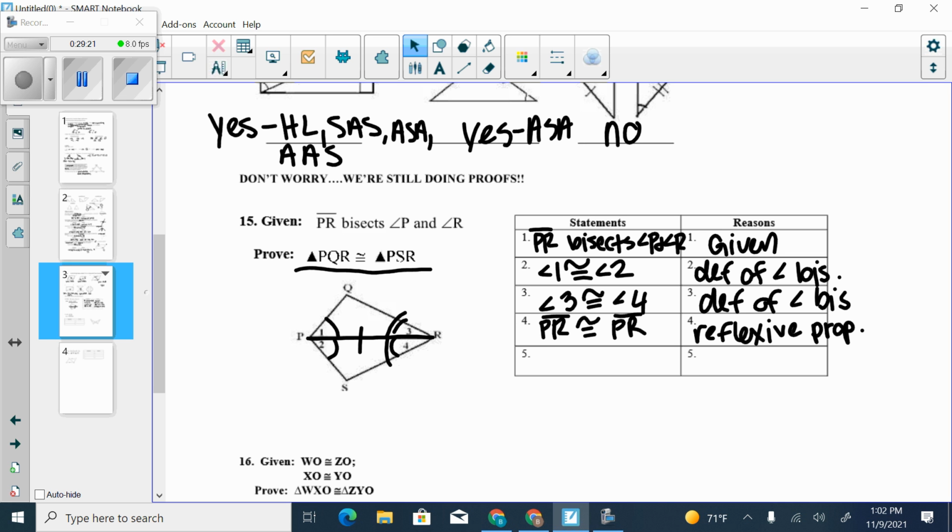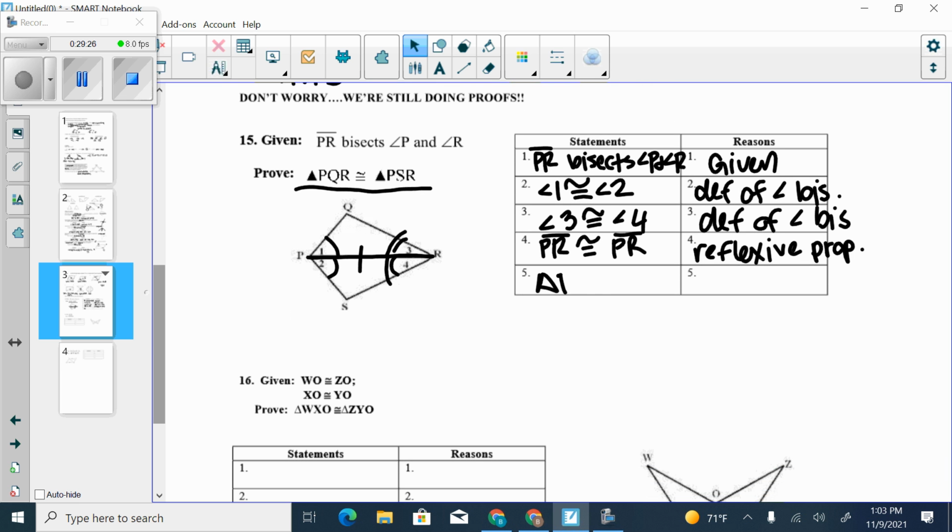So I can go ahead and make the statement that they wanted us to make, that triangle PQR is congruent to triangle PSR. And what postulate is it? What type are these congruent by? Perfect. So angle, side, angle, postulate.